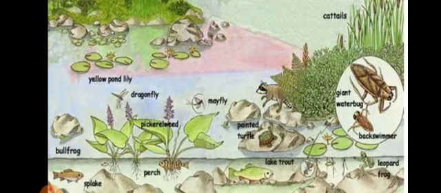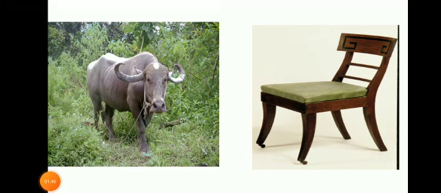Now, our Lata expressed a doubt. Chairs and tables also have four legs like buffalo, but they cannot move. Why?